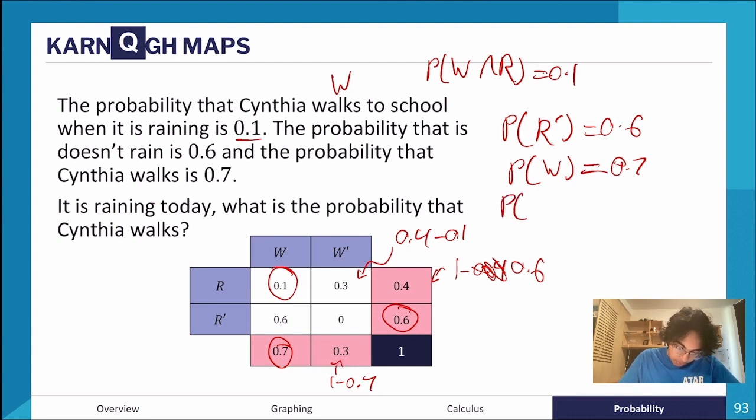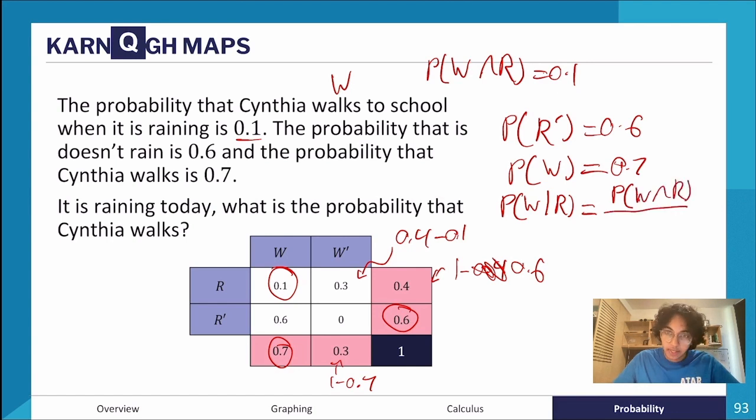They've told me it's raining, so what is the probability that Cynthia walks given that it's raining? That is the intersection of walks with raining divided by the probability that it's raining. Now I just enter all the values from the Karnaugh map. The intersection between them is 0.1, and the probability that it's raining is 0.4. So this simplifies to 1 on 4. Hopefully that makes sense.